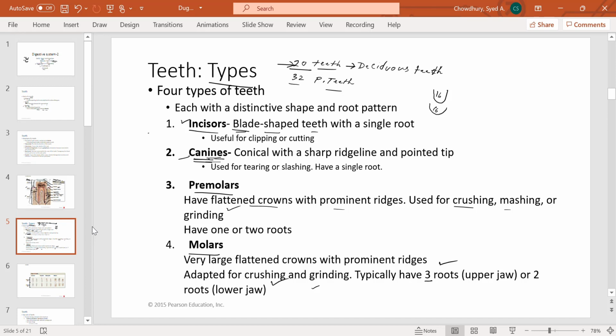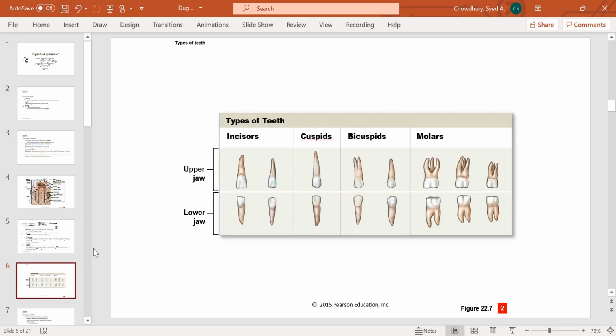So these are the 4 different types of teeth in the human subject: incisors, canines, premolars, and molars. So if you see here, you can see the shape of those different types of teeth.